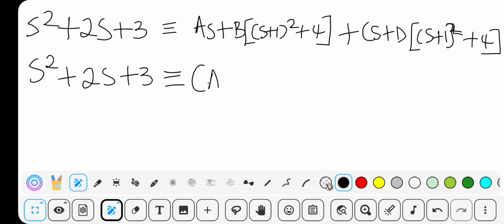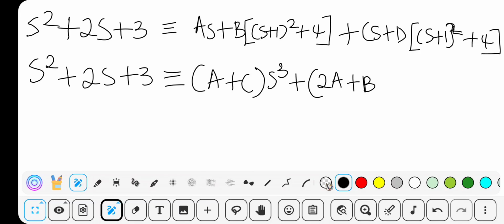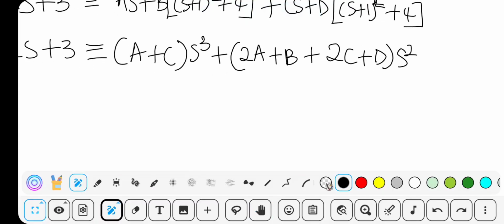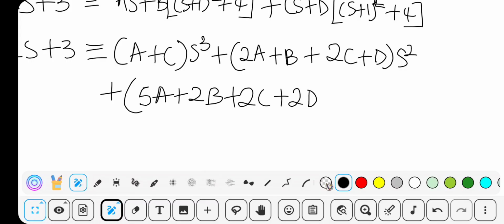After expanding and collecting like terms, you should get a plus c in brackets times s cubed, plus 2a plus b plus 2c plus d times s squared, plus 5a plus 2b plus 2c plus 2d all in brackets times s, plus 5b plus 2d.